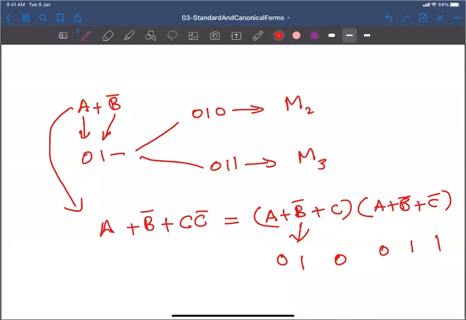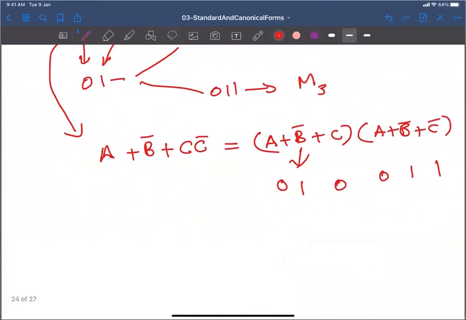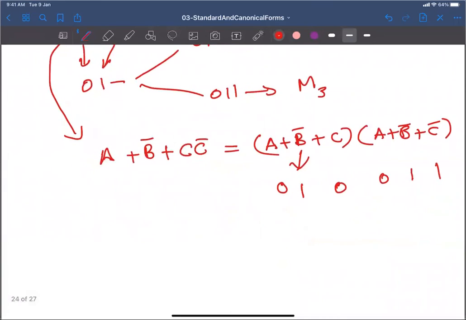Let me just double check that. If we complement A or B complement, we get A complement B C complement, and that is going to be 0, 1, 0. Excellent.